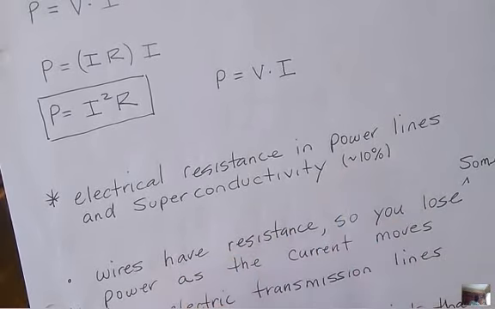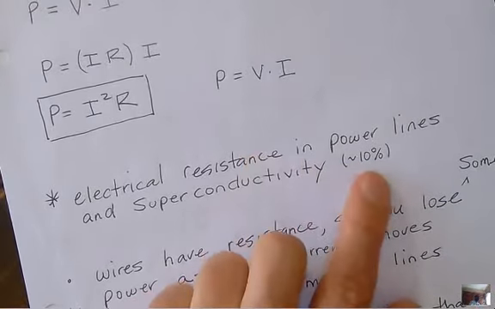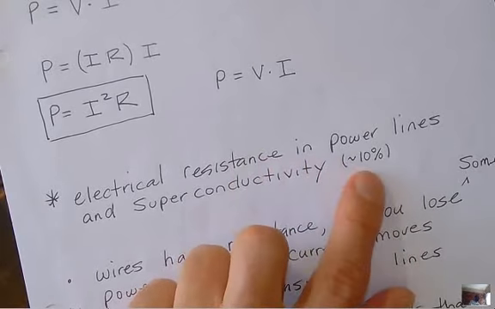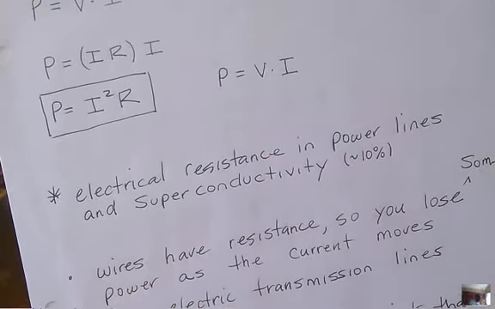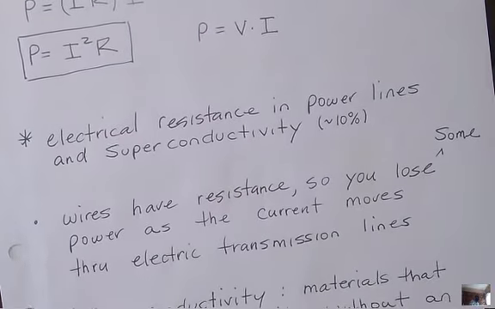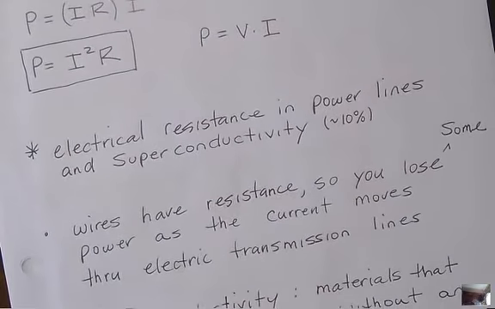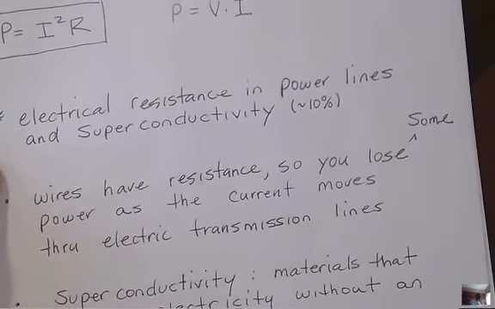Typically, the number we calculated on the next page is about 3% of the electricity from the power plant is lost just by transmitting it out to the cities and towns that need it. So that's one reason to keep the power plants close by. The longer the distance the wires have to travel, the more losses you're going to have because the wires are longer. Okay, so let's read through these notes first.